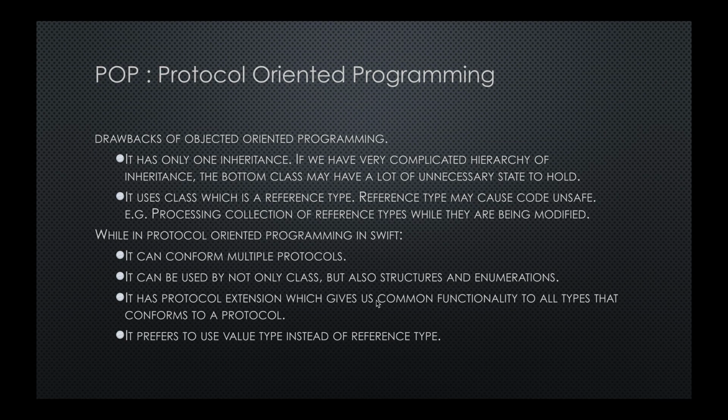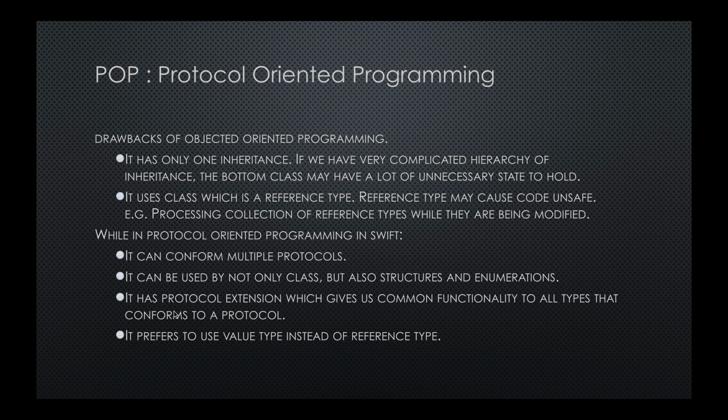So to avoid those things, Swift has come up with protocol oriented programming. With protocol oriented programming, you just have to conform to protocols, and unlike classes, you can implement multiple protocols. You can even use protocols with structures and enumerations, which is really cool.